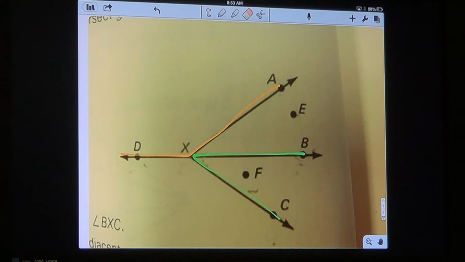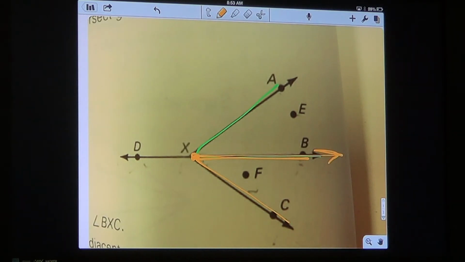And ray XB is the common side of angle AXB and angle BXC. True or false? True. You'd write XB, that's what they have in common.